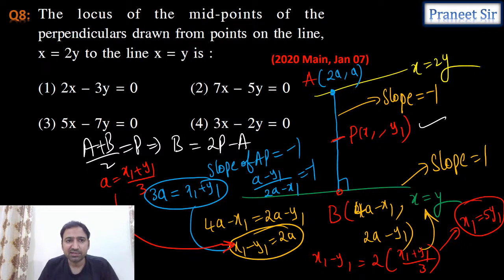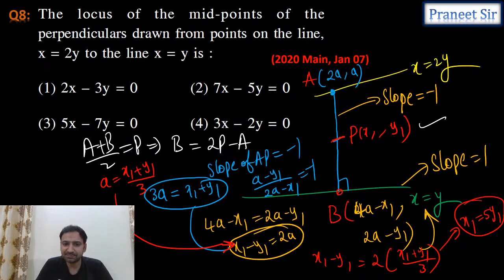Locus of midpoints of the perpendiculars drawn from the point on this line to this. We are taking the point 2a comma a, and from this we just calculated 4a minus x1, 2a minus y1, that should be equal.